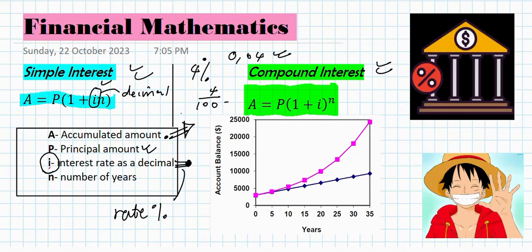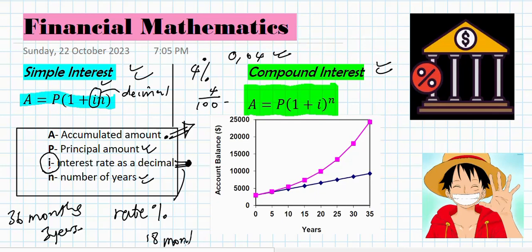And then we have N, and N represents the number of years. When we say 36 months, how many years is that? That's 3 years, right? Sometimes there is a question where they might say 18 months. Calculate the interest for 18 months.